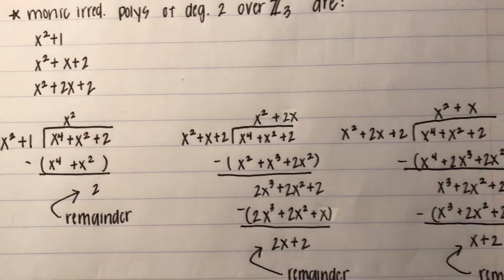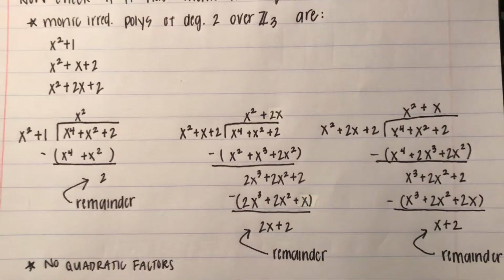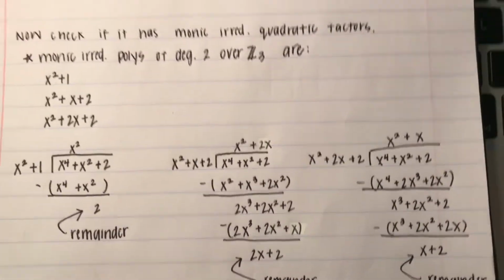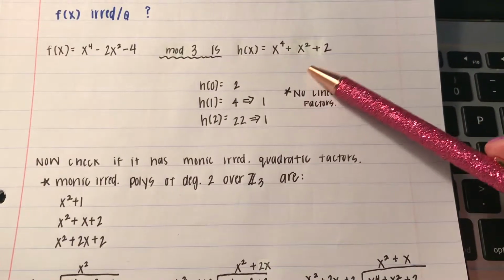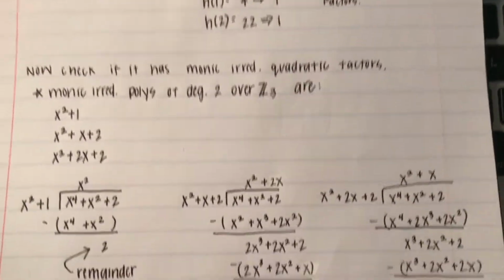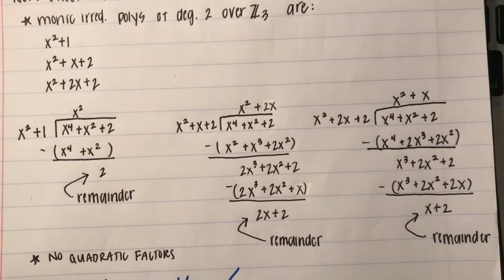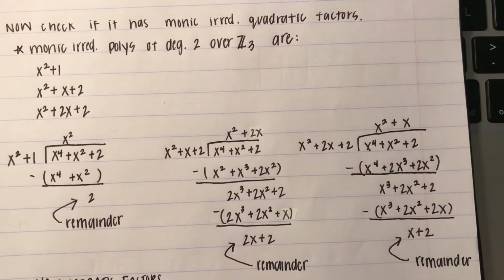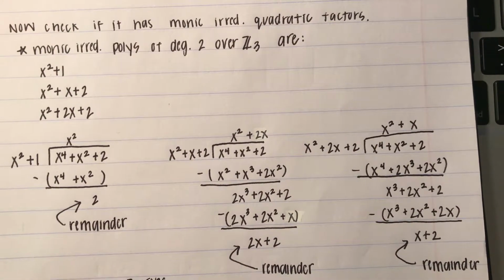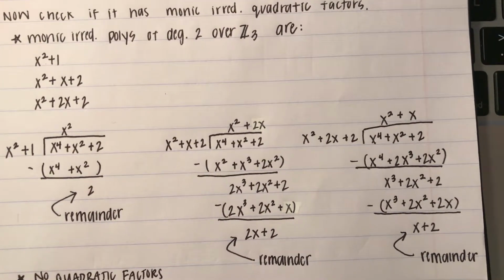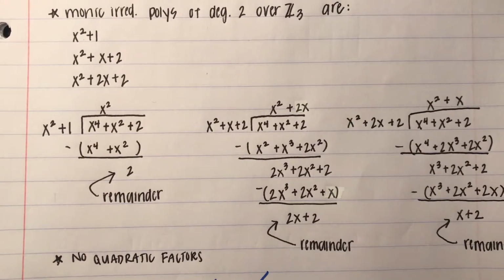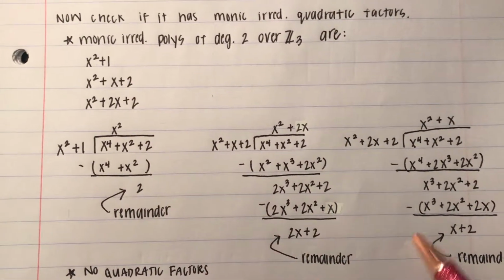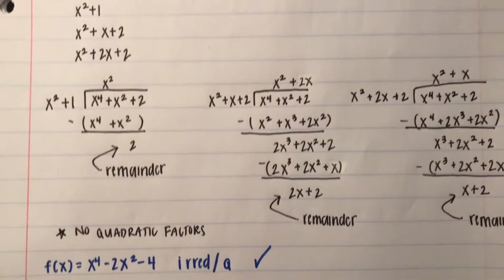So I double checked to see if these were factors of our h of x polynomial, and since we got remainders with all 3 of the monic irreducible polynomials over Z3, that means that there are no quadratic factors. If there was a factor, we would have gotten a 0 as a remainder.